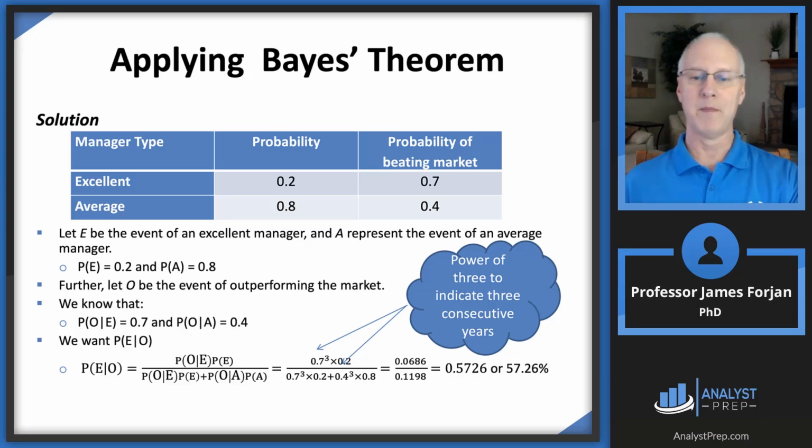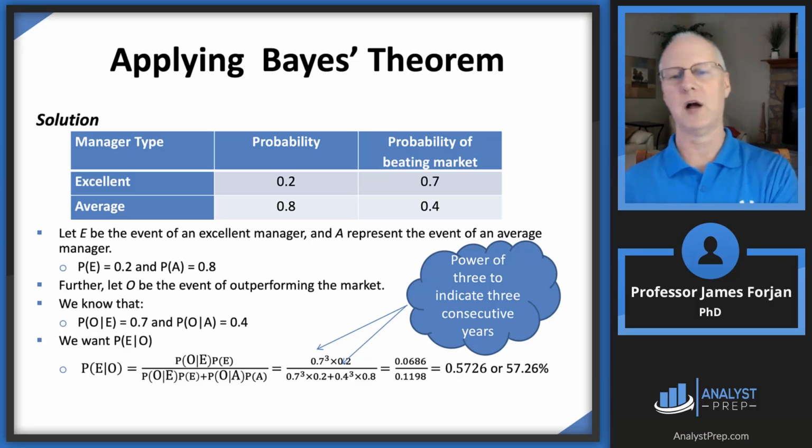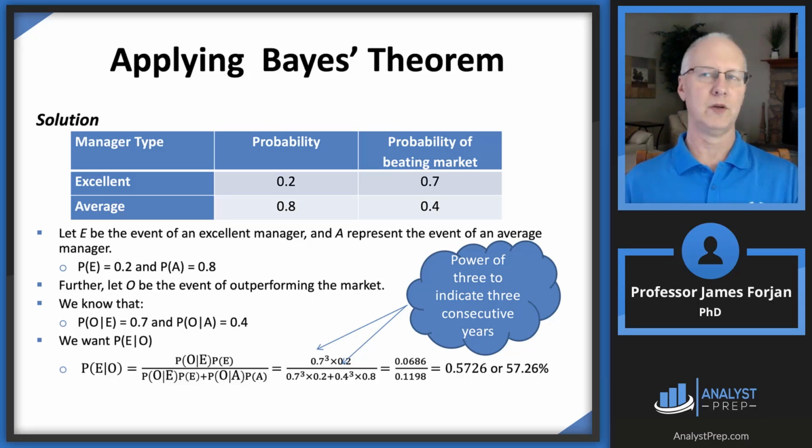And then remember that when you do this series of steps over 3 years, we need to raise it to the third power. That just goes back to a simple application of those old time value of money principles when you're compounding, and when you do the same thing with probabilities, you've got to multiply those probabilities. So raise those probabilities of beating the market, so 1 and 2 and 3 years, to the third power. So that gets us up to 57%.